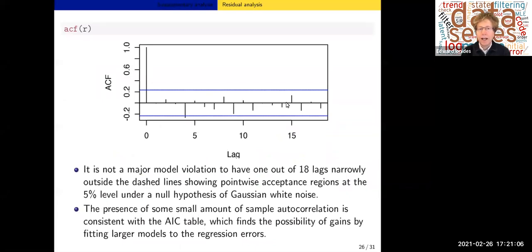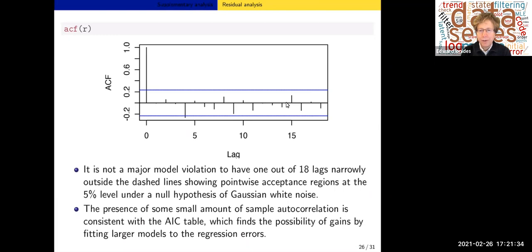Here is an autocorrelation function for the residuals. And so we see here that most of the ACF points are within this testing region for testing the white noise hypothesis.